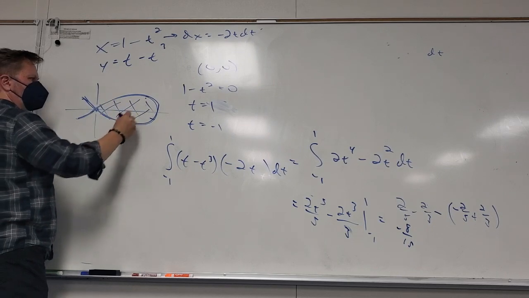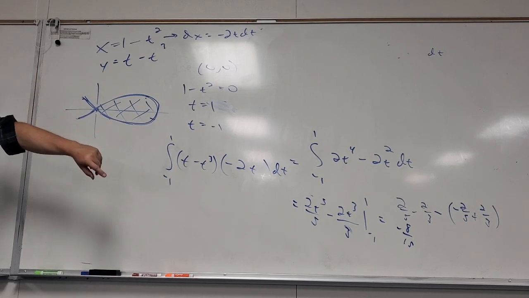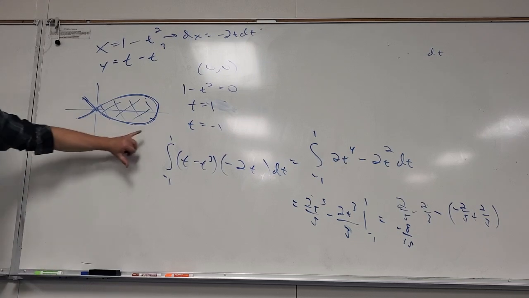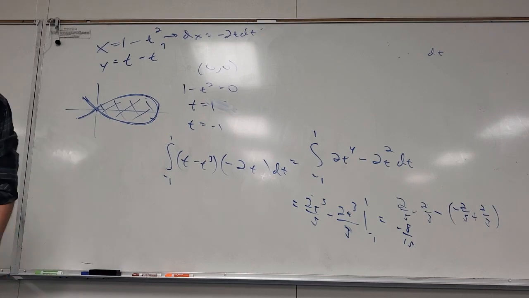This should be positive, this area should be positive, and I'm getting a negative. Did I do all that right? Yeah, I did, darn it. So then, for some reason, it needs to be the other way around. I gotta think about why that is. Why would that be true? I don't know. I'll have to come back to that one.